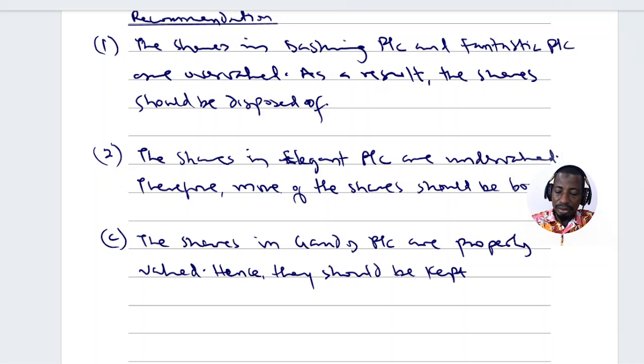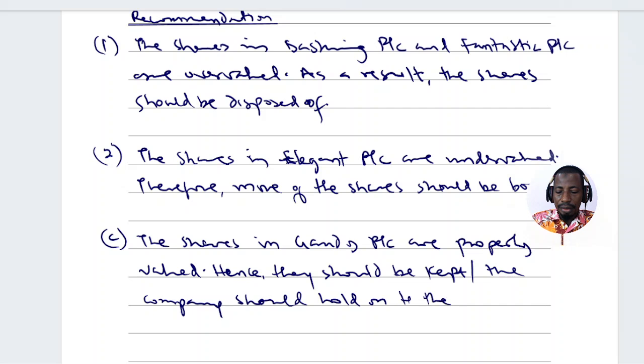Hence, the company should hold on to the security or shares. So that's that.